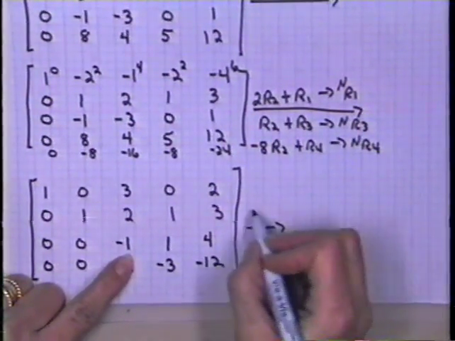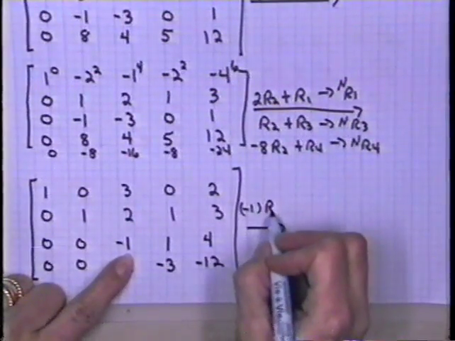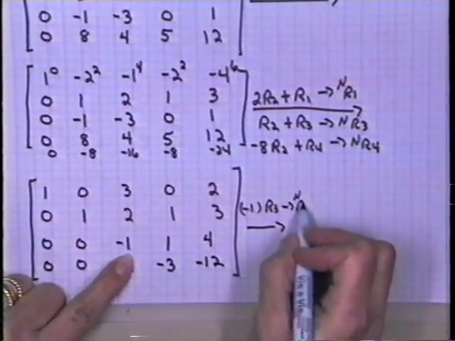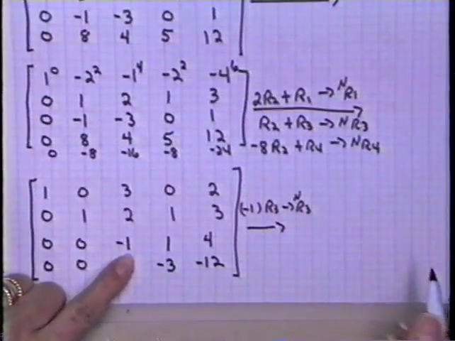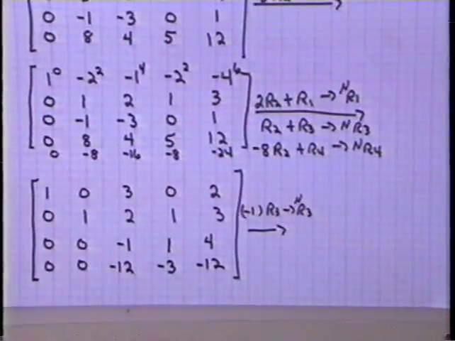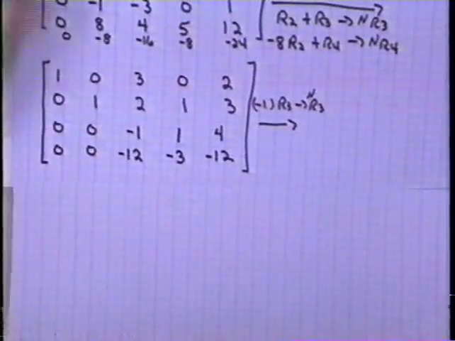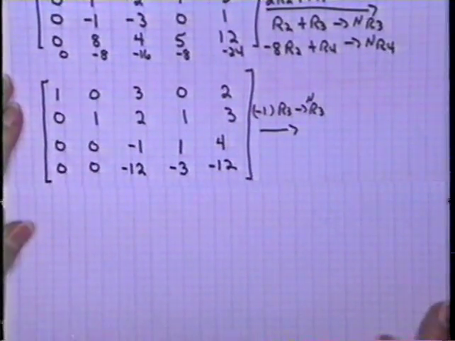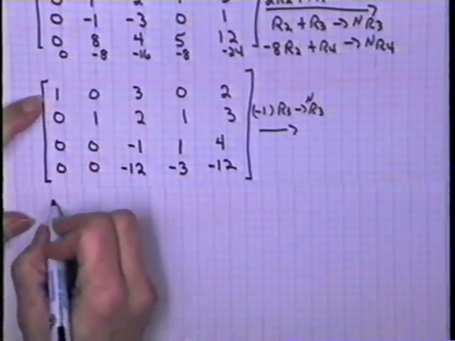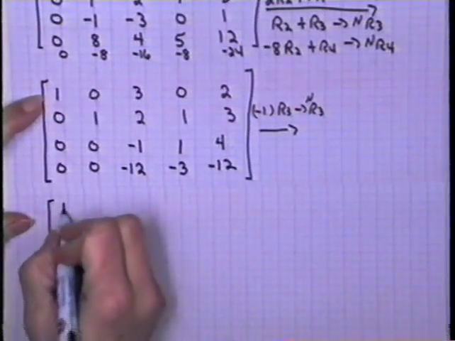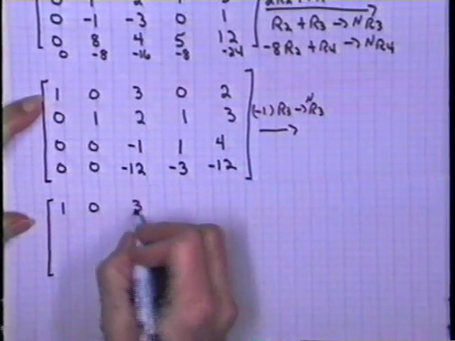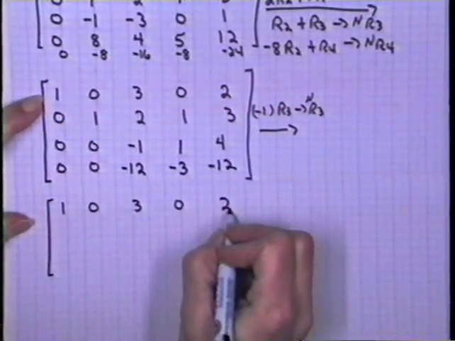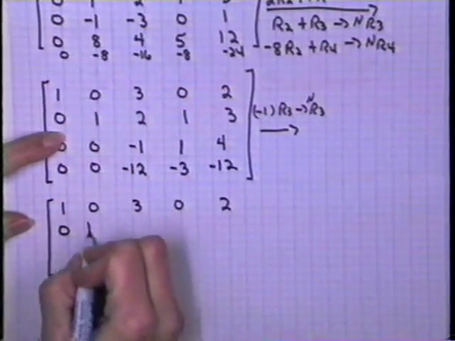Okay? So I'm going to multiply negative 1 times row 3, and that's my new row 3. I'm going to need another sheet of paper here. Let me scoot that on up. Let's recopy row 1. And let's recopy row 2.